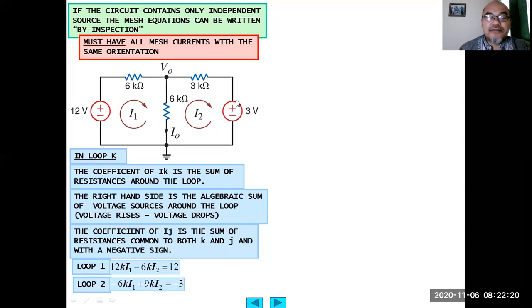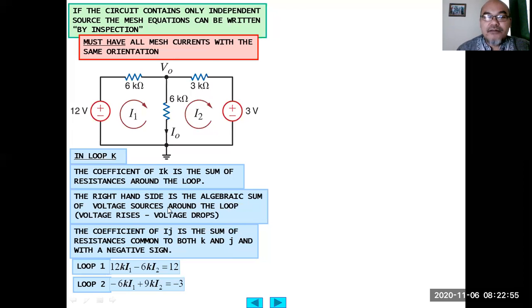So in loop 2, if you put it on the right hand side, it becomes minus 3, because there is a voltage drop here on the left side, but if you put it on the right hand side, it becomes a voltage increase, and so becomes minus 3. Then the component due to I1 is this 6 kilo ohm, so that will be I2 minus I1 multiplied by 6 kilo ohm in this direction, plus I2 times 3 kilo ohm.